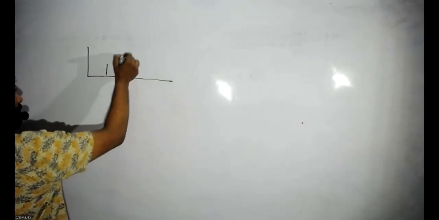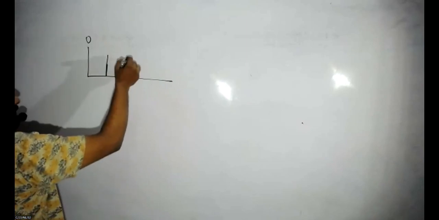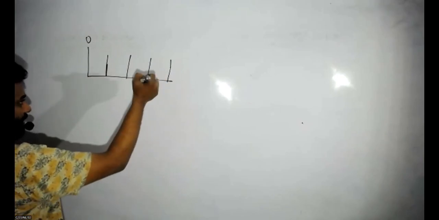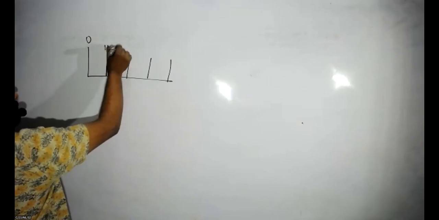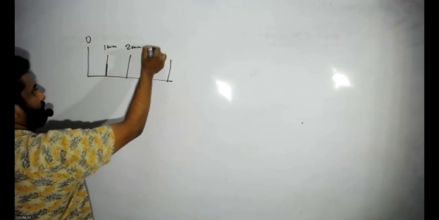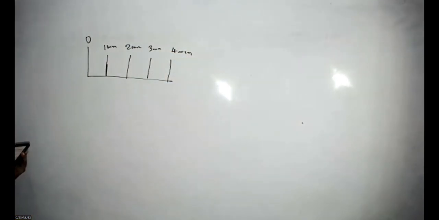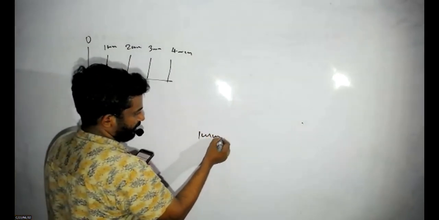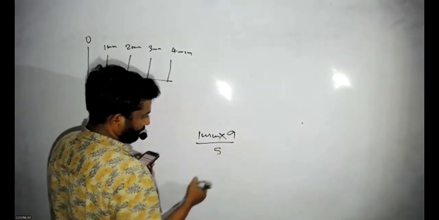I told you to draw this simple diagram to identify the scale. This main scale is calibrated in 1 millimeter, 2 millimeter, 3 millimeter, and 4 millimeter. And 9 millimeters is divided into 5.